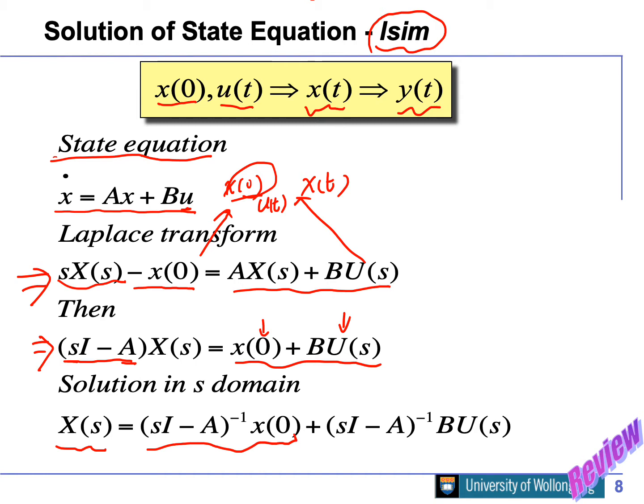One is with our initial condition. The other one is with no initial condition, with the input. So this part is coming from the input, and this part is coming from the initial condition. Then we both multiply with sI minus A inverse.